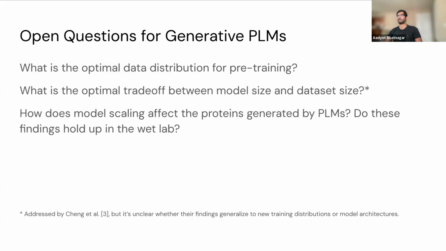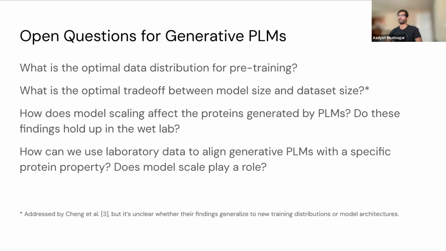Third, how does model scaling affect the proteins that are actually generated by these PLMs? And moreover, do those findings hold up in the wet lab? And then finally, how can we use laboratory data to align generative protein language models with a specific property of interest? And does model scale play a role in this?